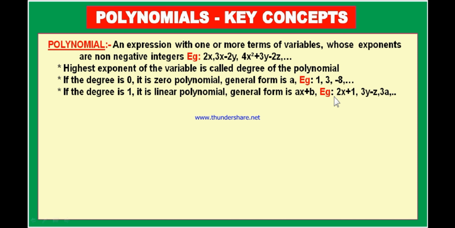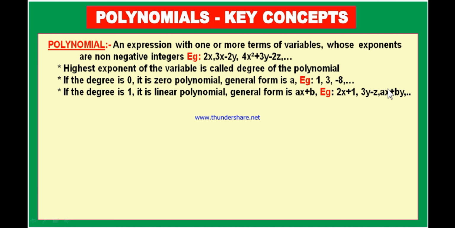For example, 2x plus 1 is a linear polynomial in one variable x. And 3y minus z is also a linear polynomial but in two variables. And another example, ax plus by. Here ax plus by is a linear polynomial because there are two variables x and y.